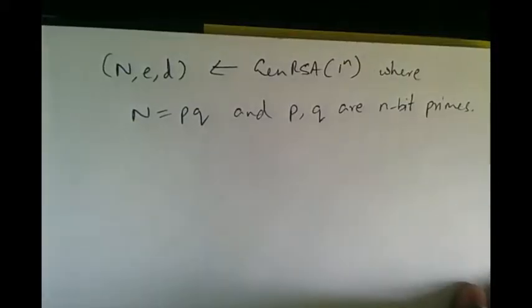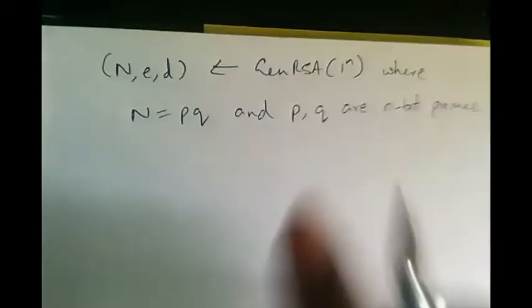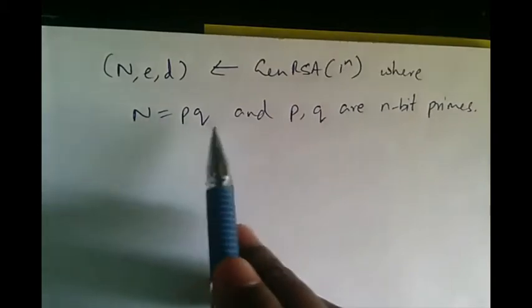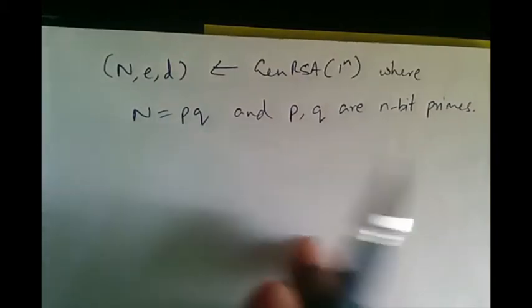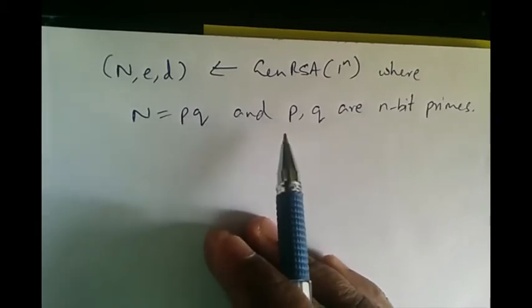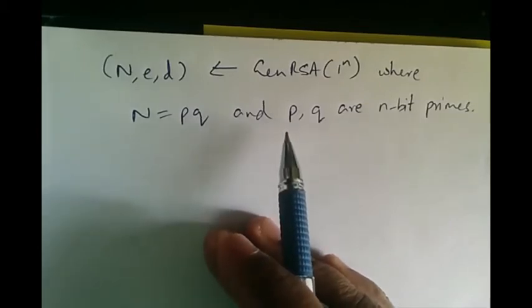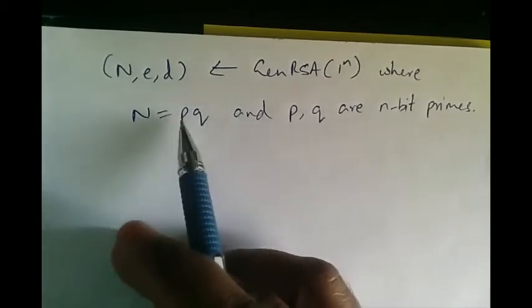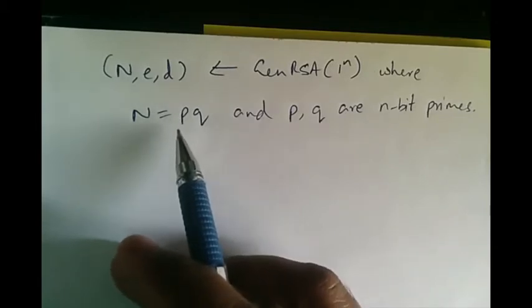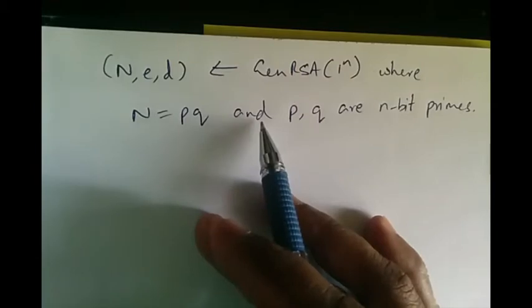So RSA depends upon this Gen RSA algorithm, which on input a security parameter has to generate this modulus n, which is a product of two n-bit primes. So the question is, how do you generate these primes? It can't be that you just generate these primes once and every user has the same primes.